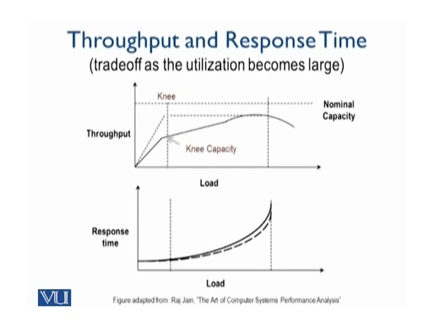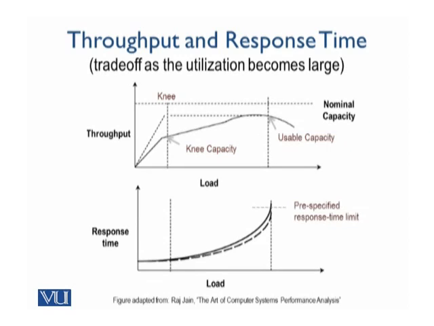So in this case you can observe that there is a marked decrease. उससे पहले increase काफ़ी ज़्यादा हो रही थी, लेकिन when we reach the knee capacity तो throughput की increase काफ़ी markedly कम हो गई है. At the same time आप response time को अगर measure करें और उसको observe करें तो आप देखेंगे कि as we go past the knee capacity, response time भी अब काफ़ी तेज़ी से बढ़ रहा है. And we reach a certain point known as the usable capacity.